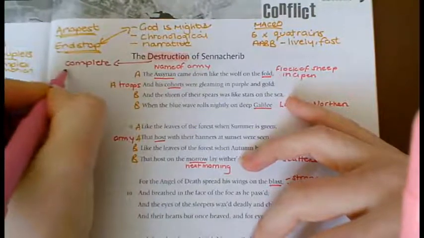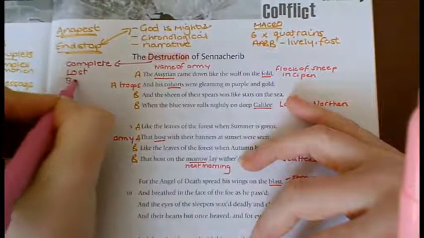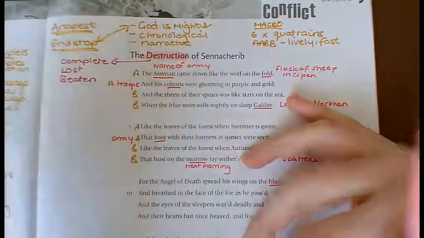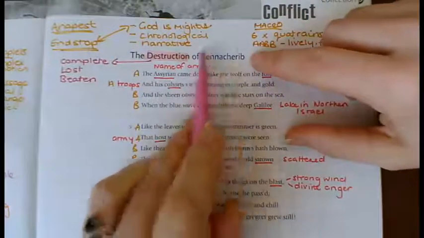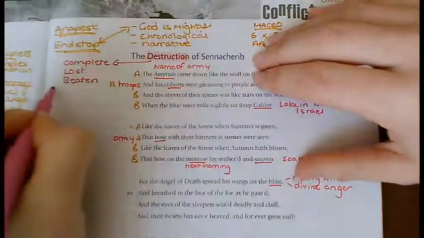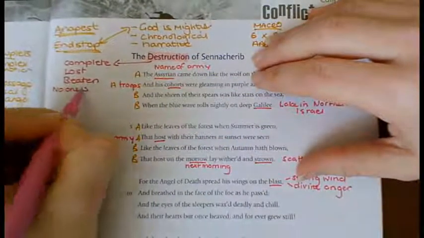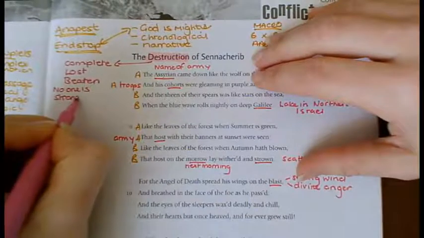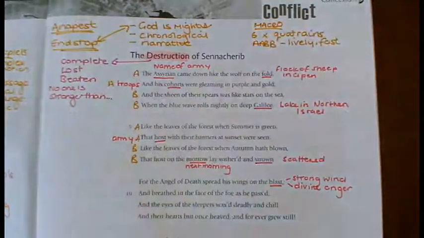There's a sense of loss, like they've lost, they've been beaten, which again is linking to that idea that even a king, no one is mighty and nobody is above God. No one is stronger than God. Which links to that intention of the poet.